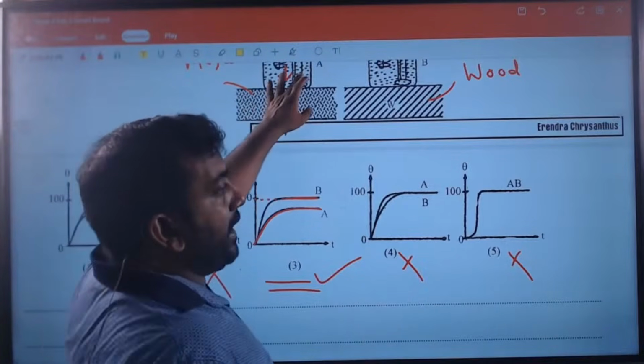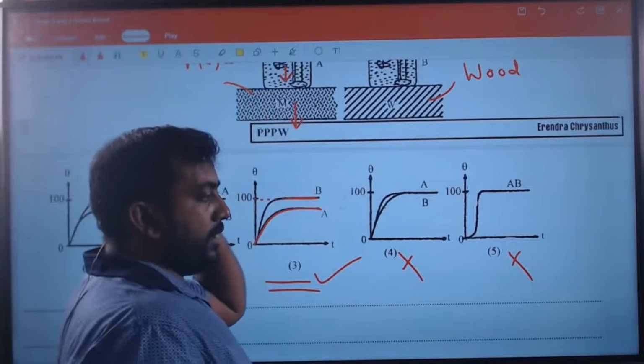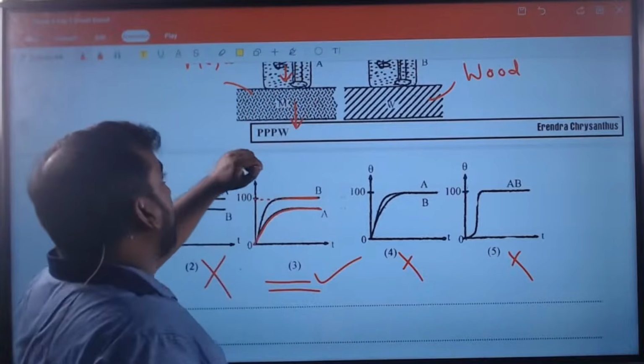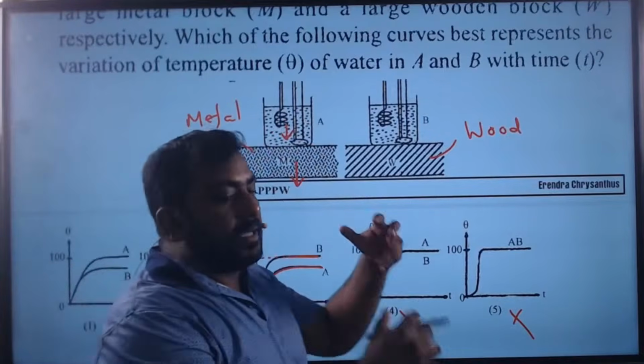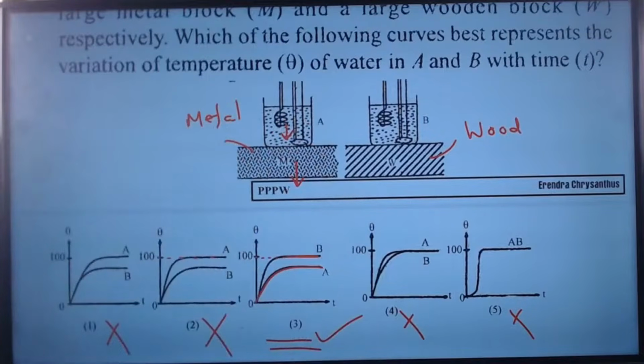When heat is supplied by the heater, water and the can will absorb the heat.